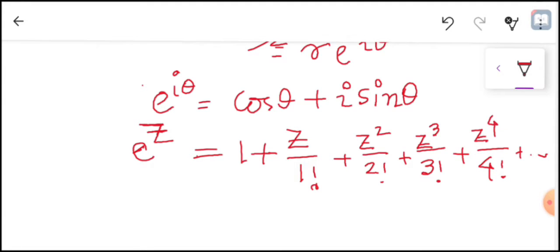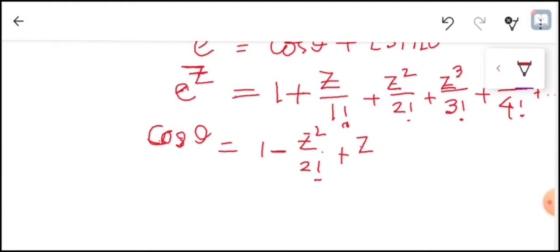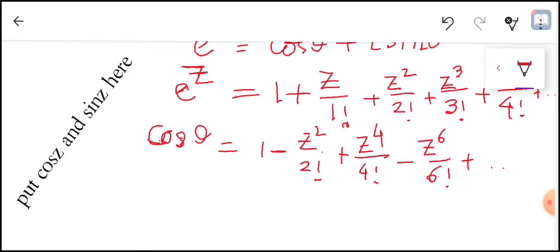Again we know that the expansion of cos theta is equal to 1 minus z square divided by 2 factorial plus z to the power 4 by 4 factorial minus z to the power 6 by 6 factorial plus and so on.